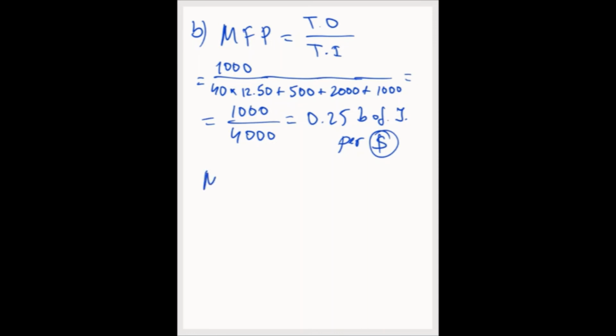So multifactor productivity equals 0.25 bottles of juice per dollar.